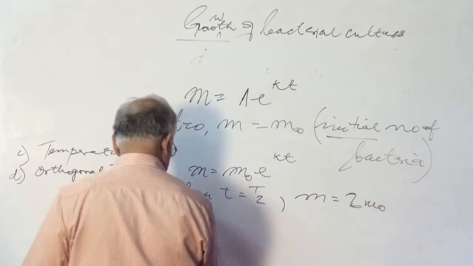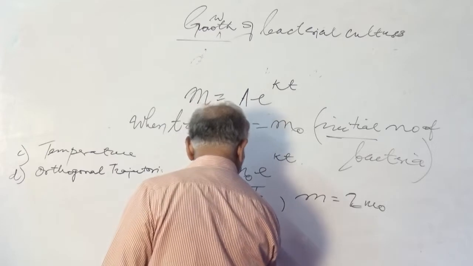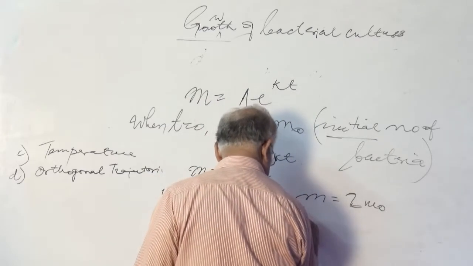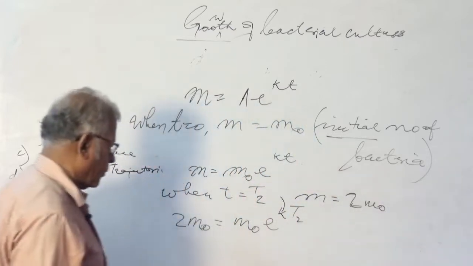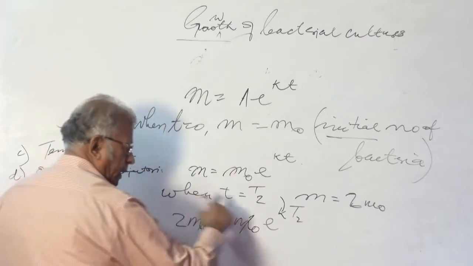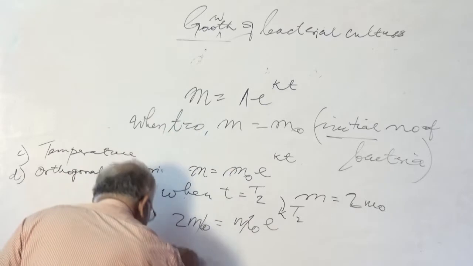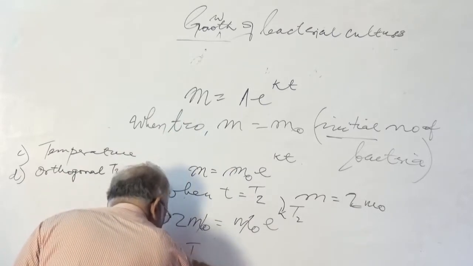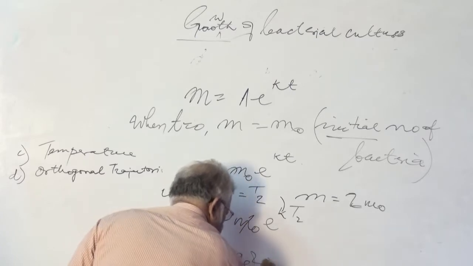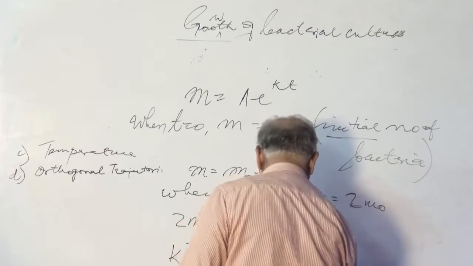We write down 2m naught is equal to m naught e to the power of k t double. If we knock off this, we get k t2 is log of 2. k t2 is log base e 2. In other words, t2 is nothing but log e 2 by k.